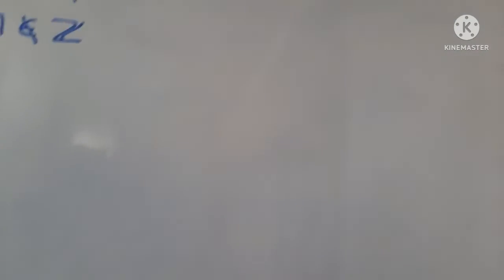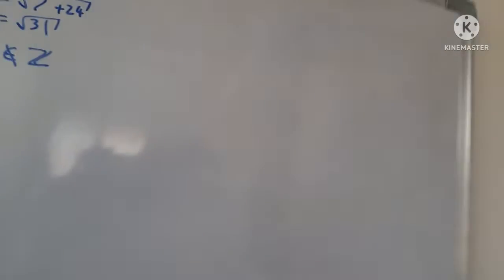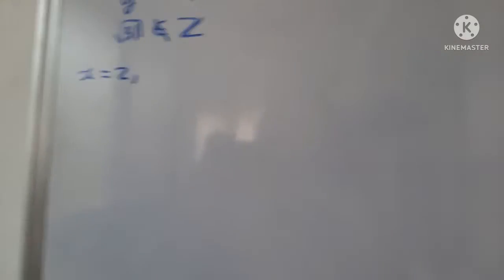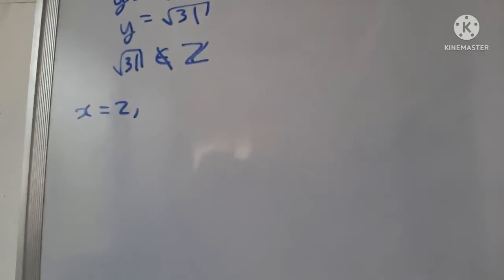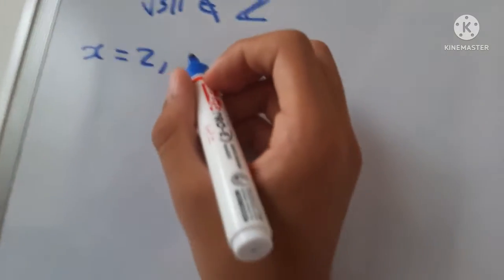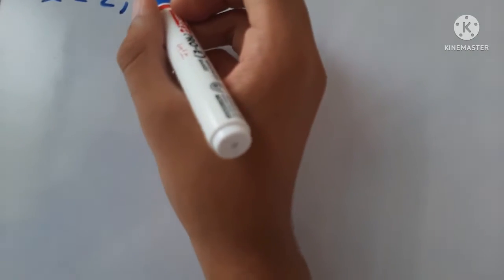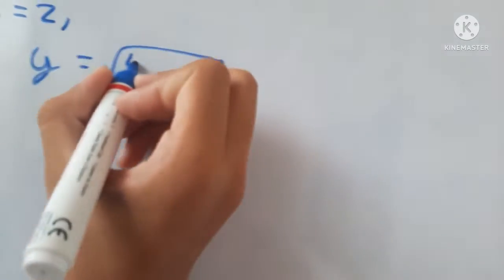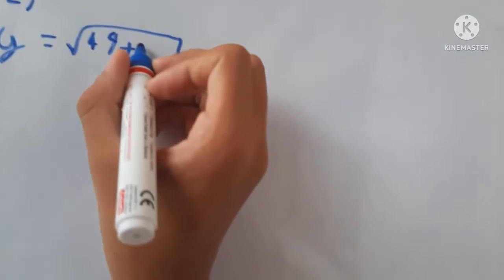Let's say x equals, and of course we're going in terms of integers. Well, we're checking for the positive ones, but we'll see. So x is equal to 2. We get y is, okay, what's 7 squared? That's 49. What's 24 squared?